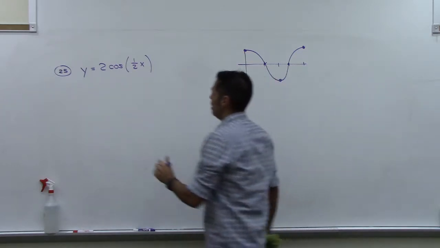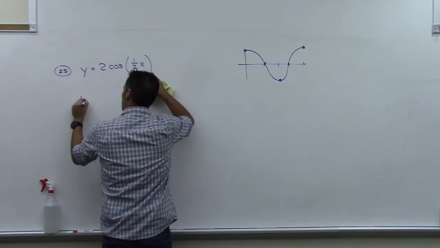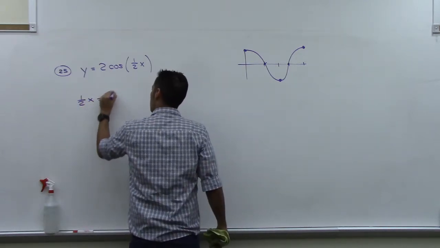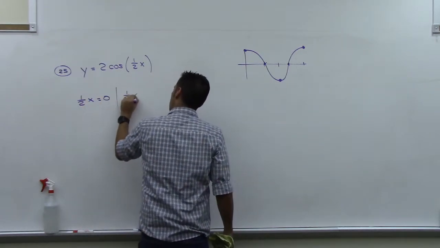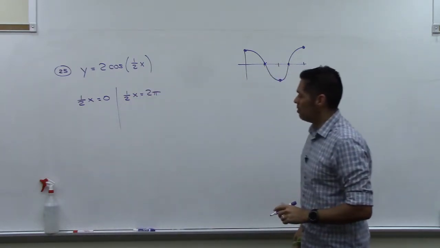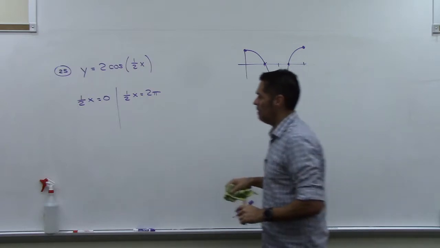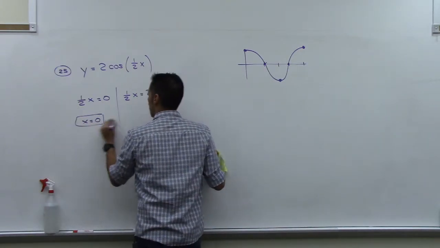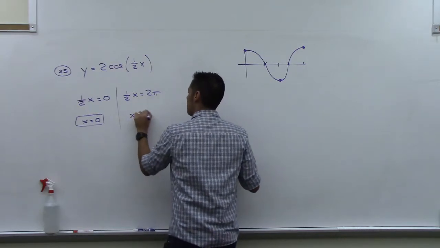So let's take the argument, which is 1/2 x, and set it equal to 0. Then we take 1/2 x and set it equal to 2 pi, which is the standard technique that I show you for both graphing cosine and sine. So the solution here is x is 0, and then here x is 4 pi.